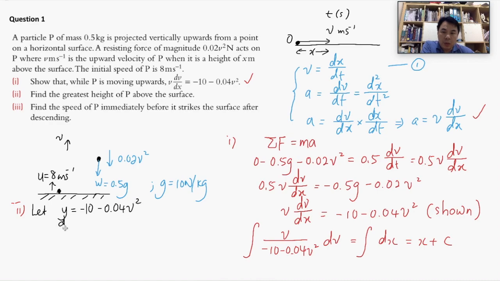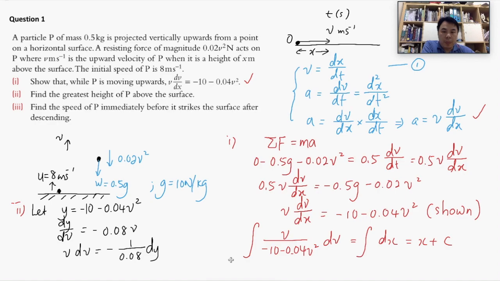Now we know that dy/dv is negative 0.08 v, and then therefore in this case we can actually write that down as v dv is equal to negative 1 over 0.08 dy.